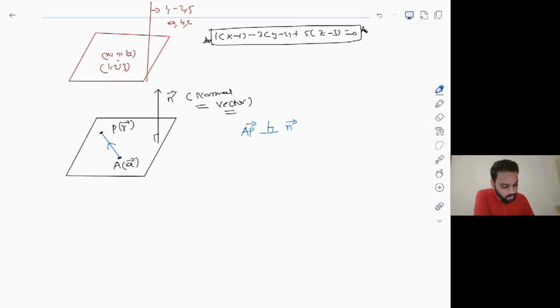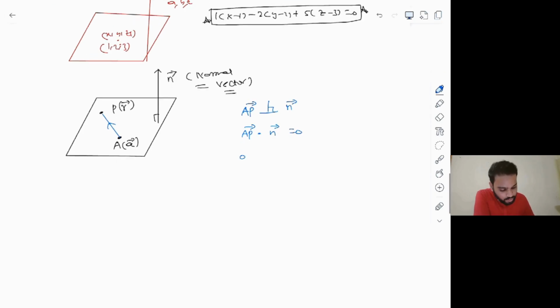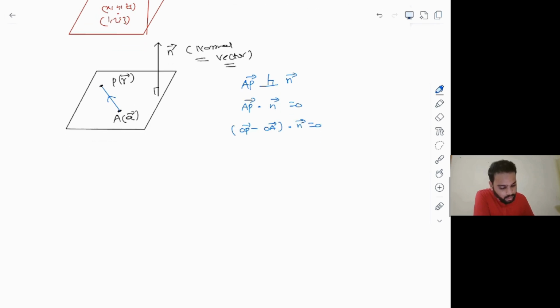Dot product must be equals to 0. So that is exactly what I am going to do here. AP bar dot n bar is equals to 0. And then what is AP bar actually? OP bar minus OA bar. And dot product with n bar is equals to 0. And finally, OP bar is nothing but R bar. That is what we have taken the general point position vector. And OA bar is nothing but A bar.